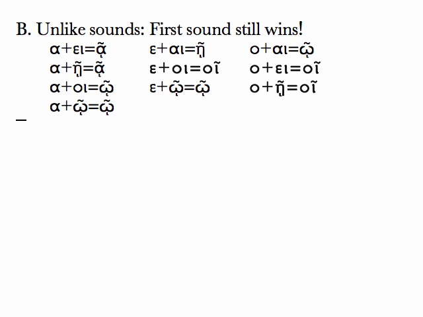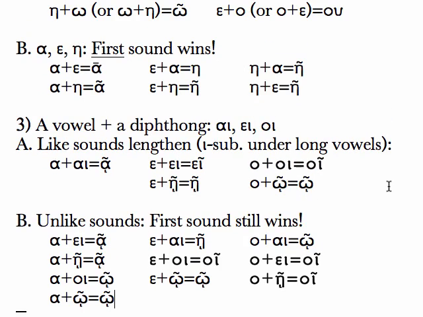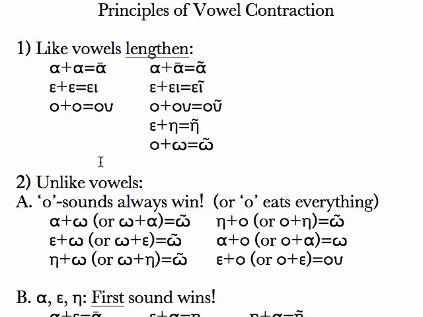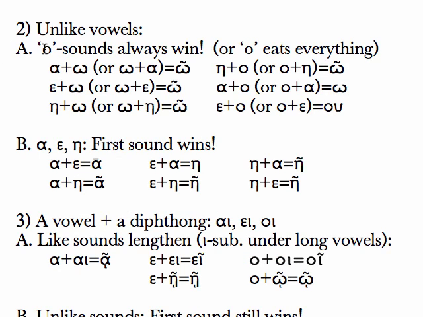So let's see if we can get a look at this whole thing. The principles to remember are: like vowels lengthen. When you have unlike sounds, the O sound will always win. This is the one to watch out for. You get an omega most of the time, unless epsilon gets involved.